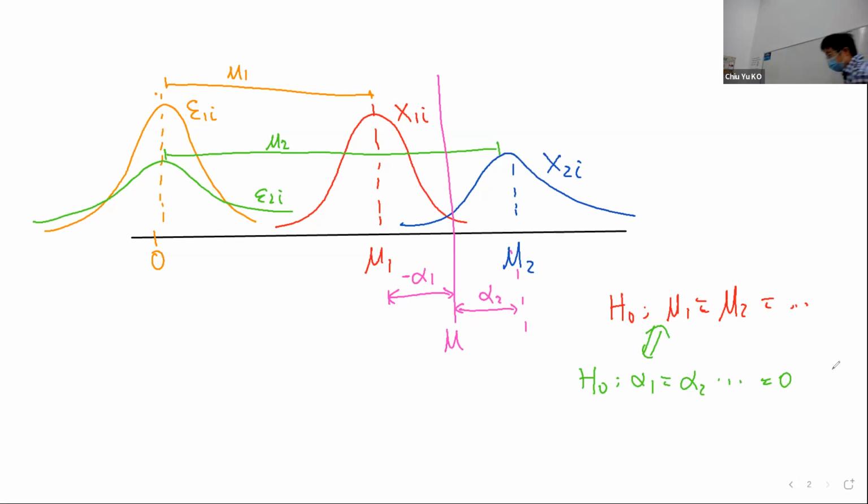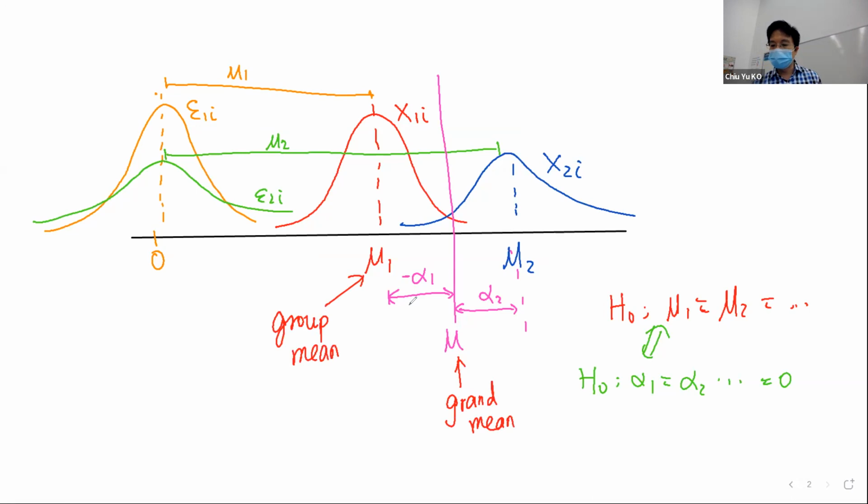It's looking at what we call the grand mean. This is called the grand mean, the overall mean. And these are called the group means. Each group's mean, sometimes they call it the overall mean, is the grand mean the same as the overall mean?